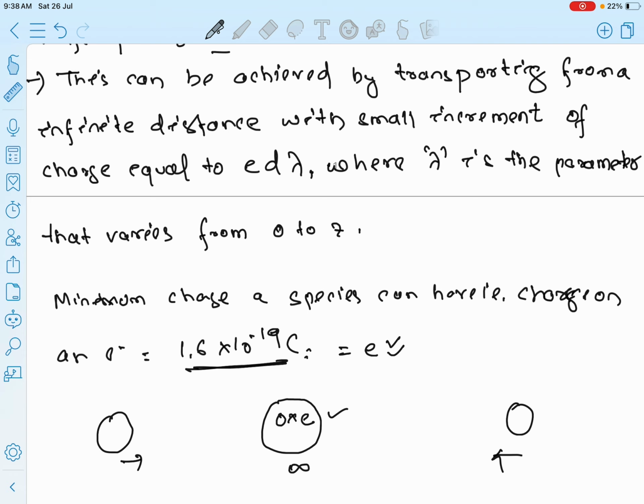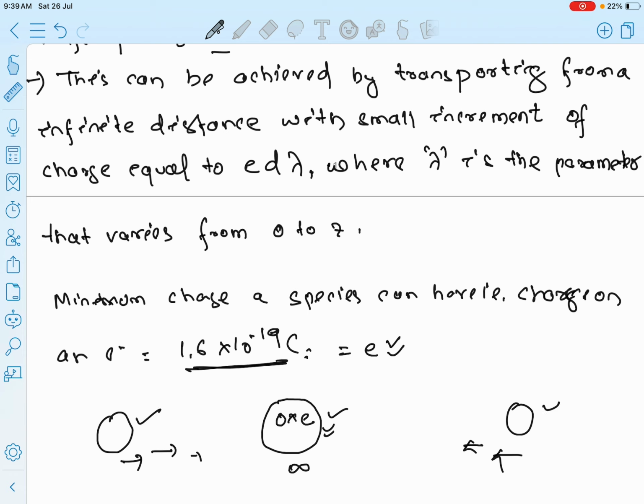But when they move closer to each other, the charge on the activated complex will increase: 1E, 2E, 3E, just like that. And when they are at the closest proximity of each other, the charge on the activated complex will be highest, and that would be the algebraic sum of the ions which are approaching.